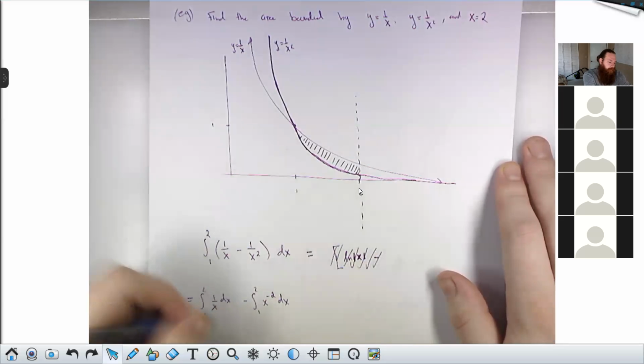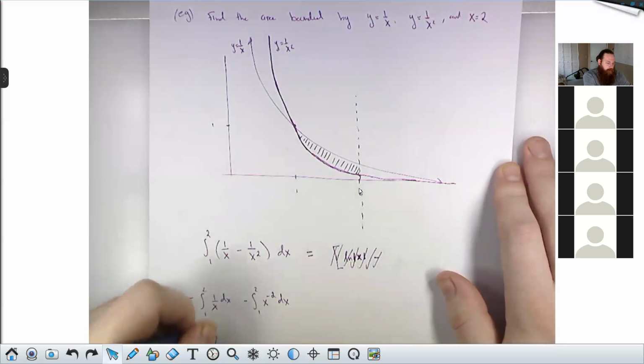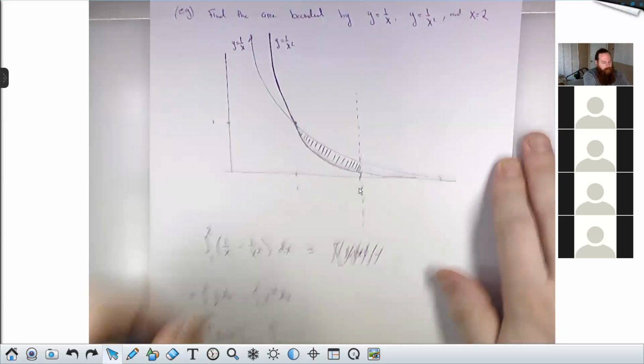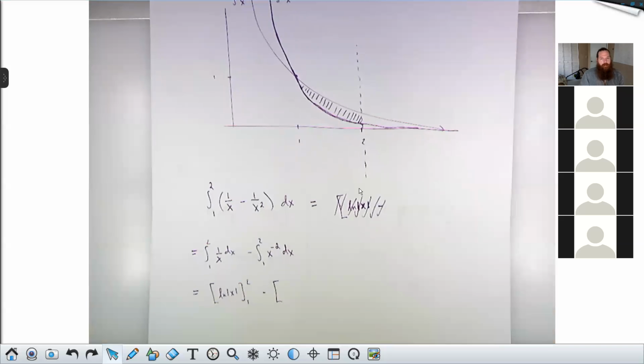And then the 1 over x piece, that will become the ln, minus, and so then what is the antiderivative here? If I use my power rule on that x to the negative 2, what goes in here? What is an antiderivative for this? Yeah, negative 1 over x, right? We add 1 to the power and divide by that new power.